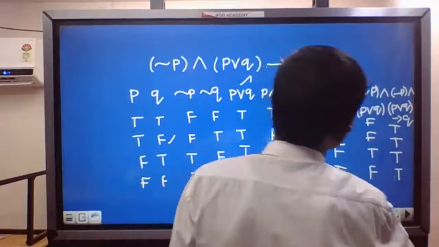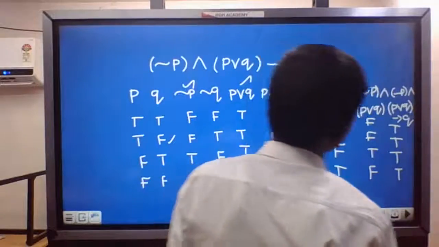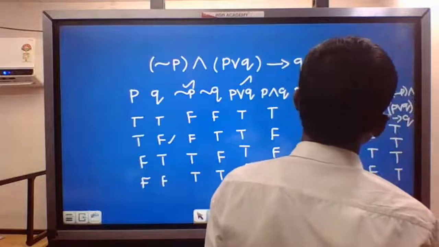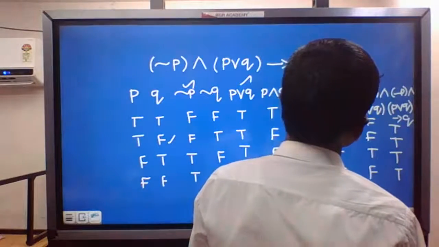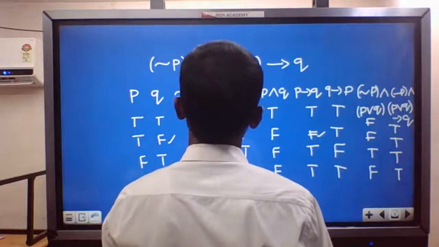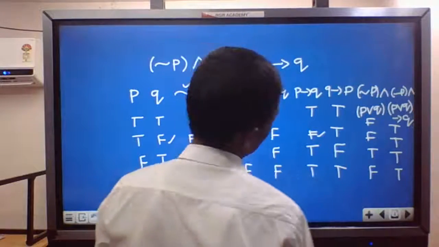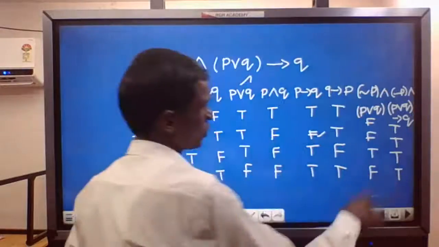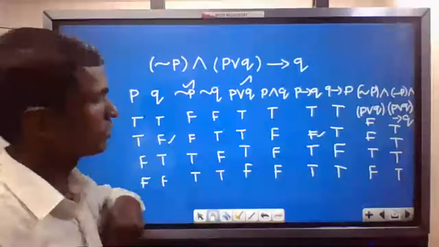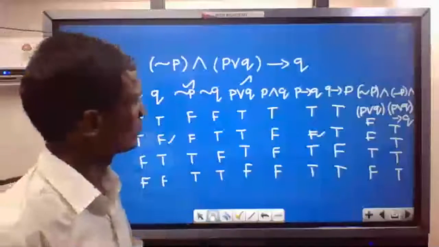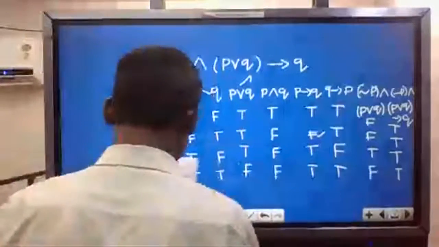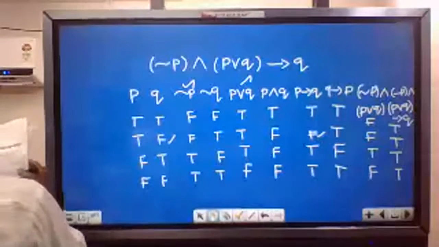The next one, Q: truth, false, truth, truth, truth. Every one comes under truth, so this option is the tautology.